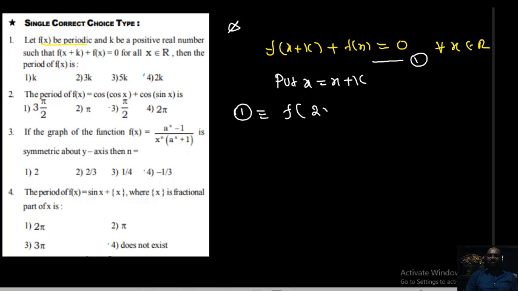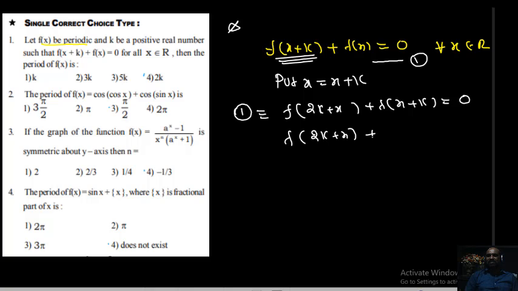So we get f(2k + x) + f(x + k) = 0. Sorry, instead of x I am writing x + k, so it is 2k + x, not 2x + k. From the first equation, instead of f(x + k), I can write minus f(x). So f(2k + x) minus f(x) equals 0.